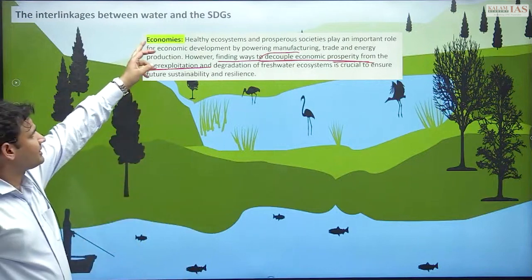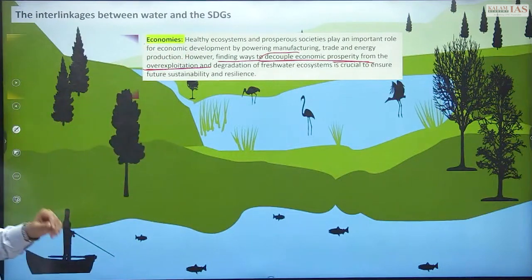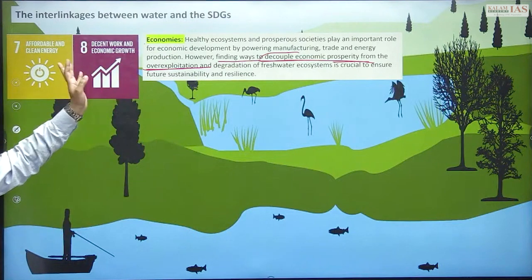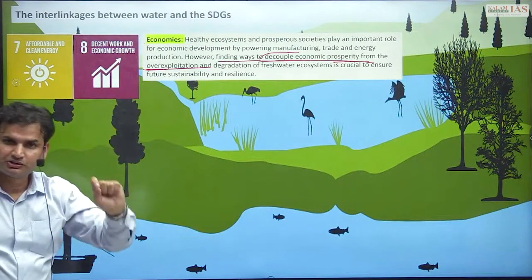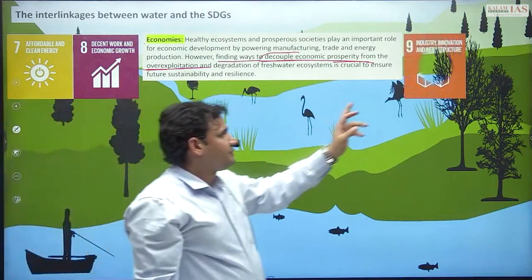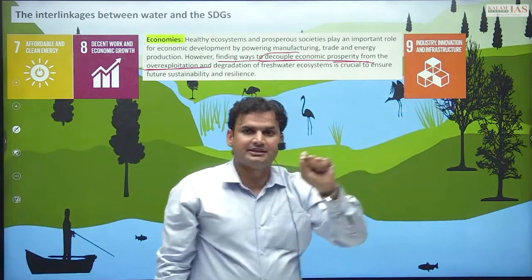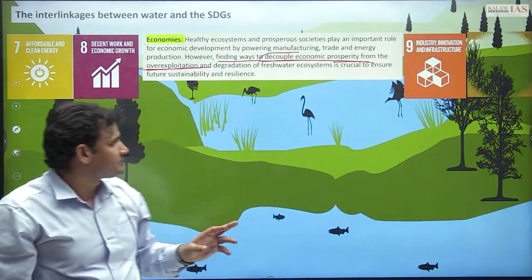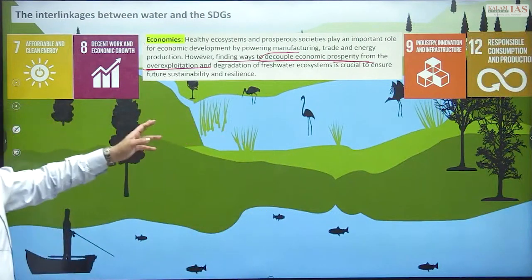Now, related to economy, what are the SDGs? So SDG number 7, SDG number 8, they talk about economies. Also SDG number 9 talks about industry, and SDG number 12 talks about responsible consumption and production, right?